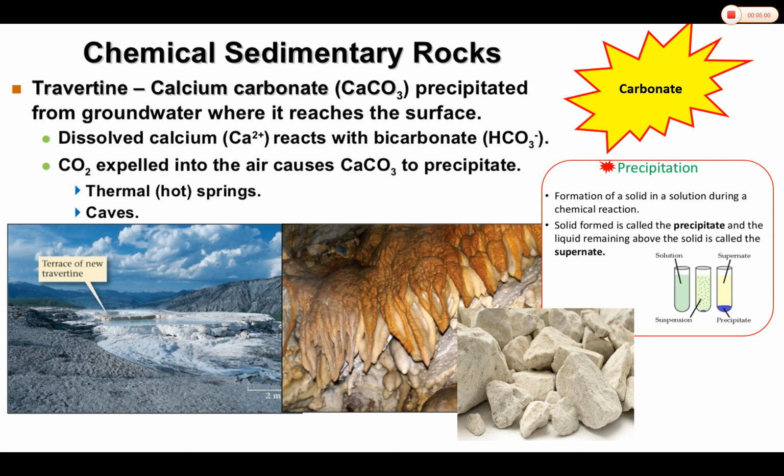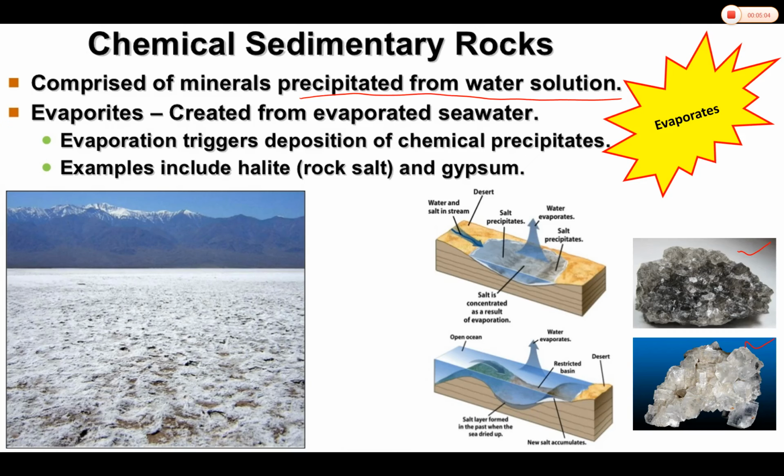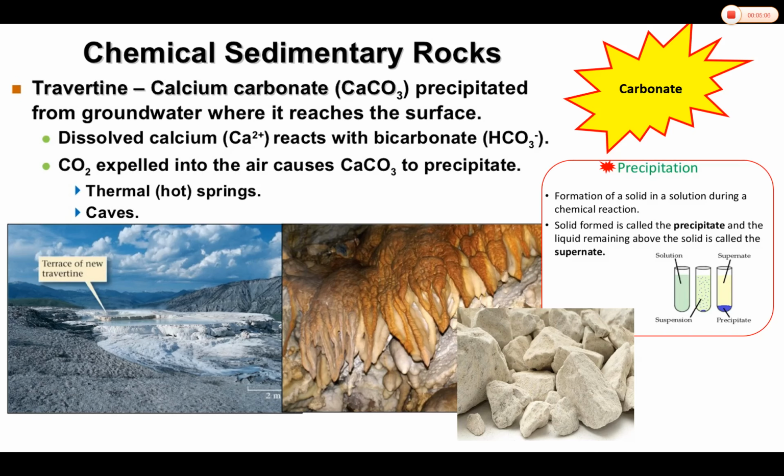And we also have the carbonate type of chemical sedimentary rock. Earlier we had evaporation, and now we have carbonate. The calcium carbonate CaCO3 precipitated from groundwater, where it reaches the surface, the dissolved calcium Ca2+ will react with the bicarbonate, then it will come out as a new solid.